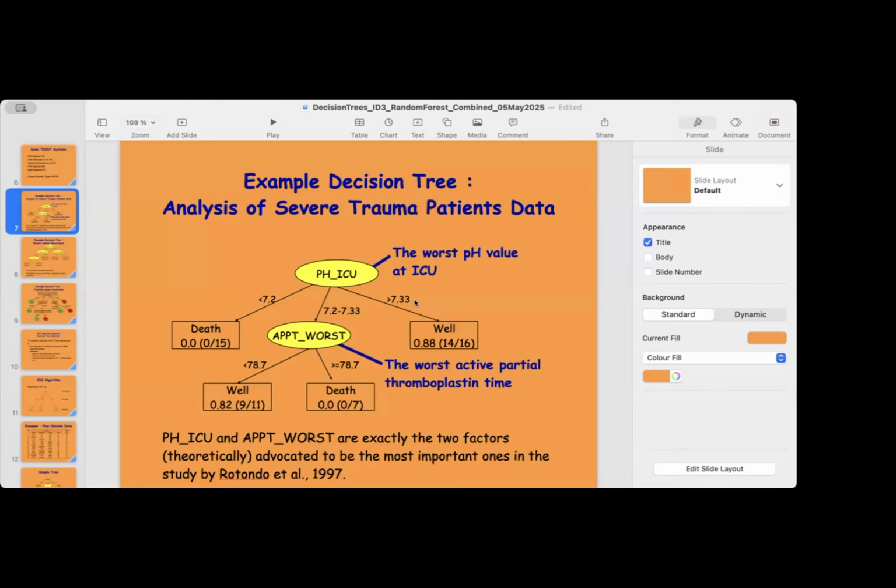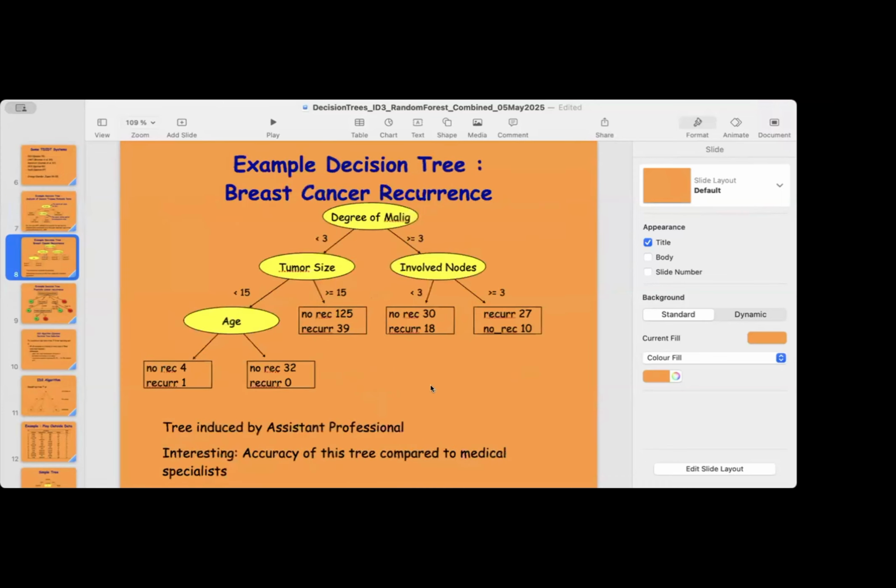If it is bigger than 7.3, they will survive. Anything in between, we need to split the tree further to determine the answer. Here we have another example with breast cancer, whether the cancer will reoccur or not. Degree of malignancy is used, tumor size, and the age of the patient to determine the answer.